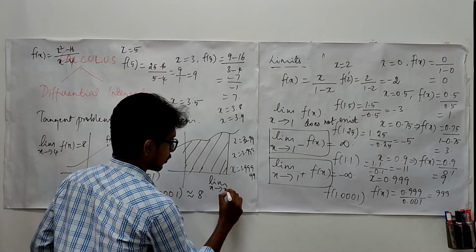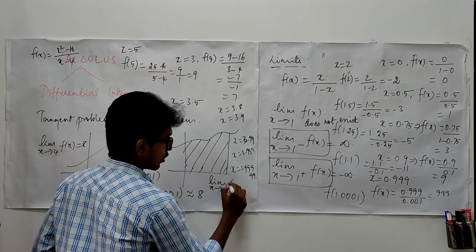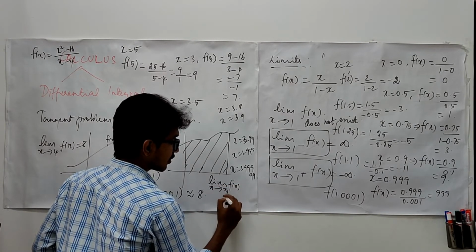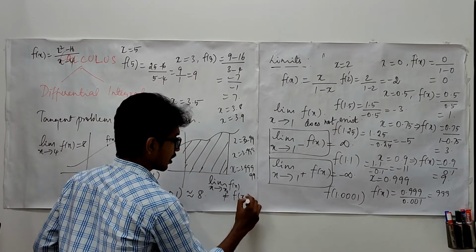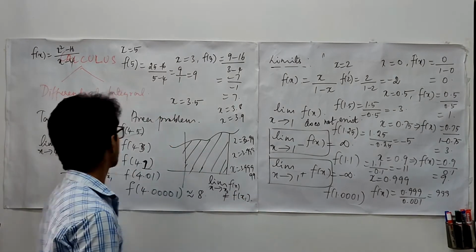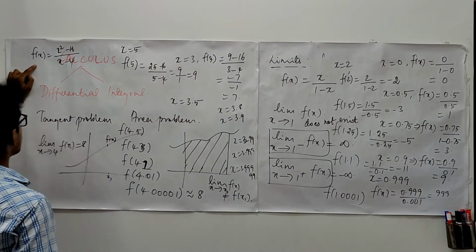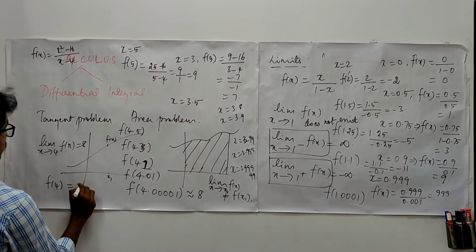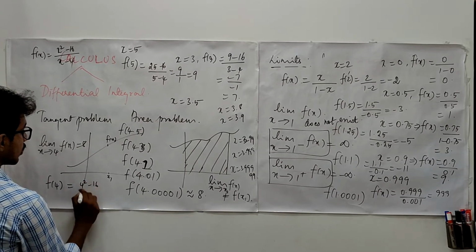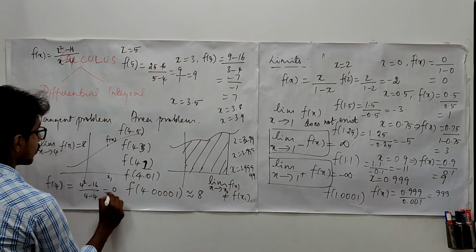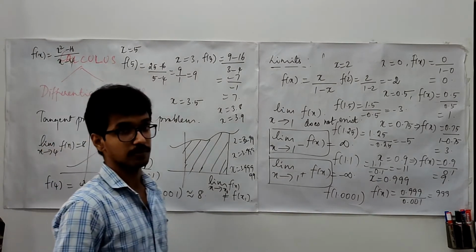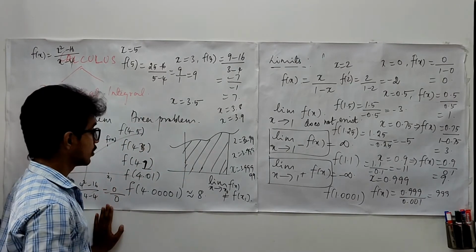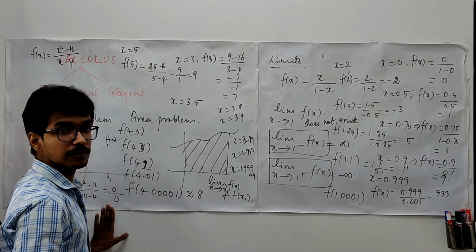Your limit x approaches x1 of f of x need not always equal f of x1, because when you substitute x is equal to 4 in this case, what are you going to get? Your f of 4 is 4 square minus 16 upon 4 minus 4, it is 0 upon 0, which is an indeterminate form. This is not equal to 8, right?